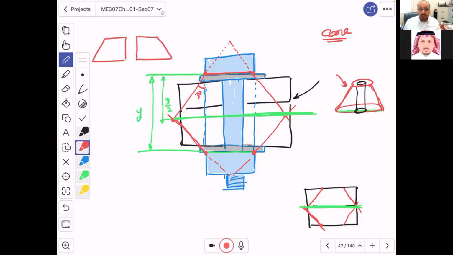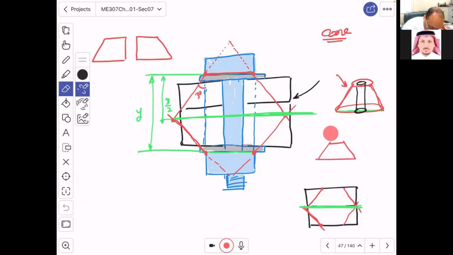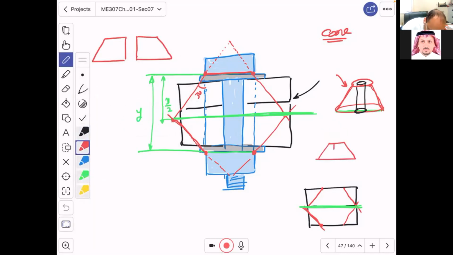Didn't you agree? Right or not? You know, I took the cone and then I cut the tip on the top and the top bar, and then because there is a bolt, I have this part and this part now in 2D.